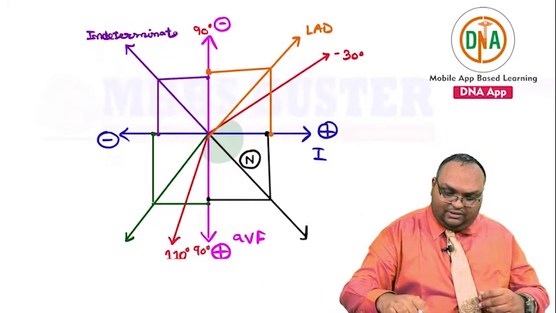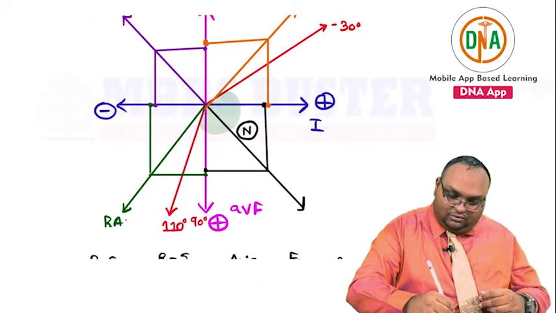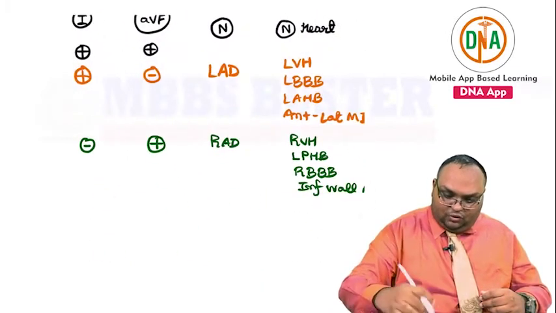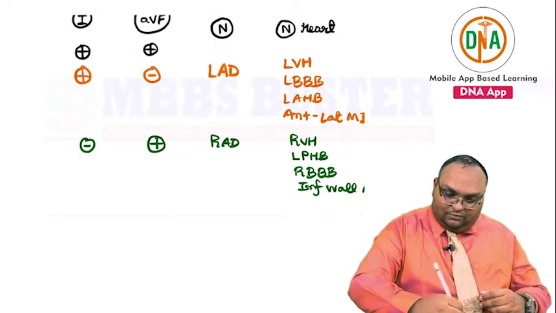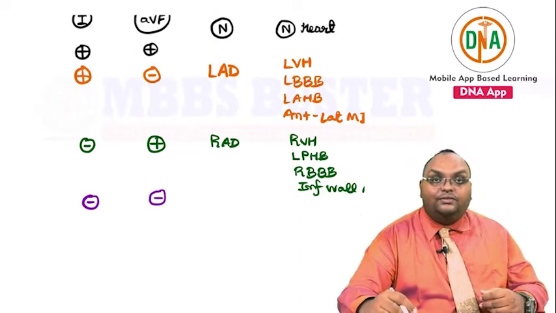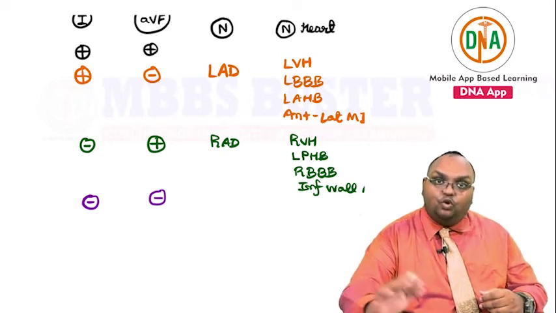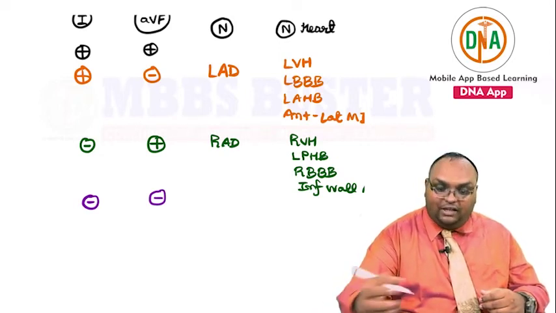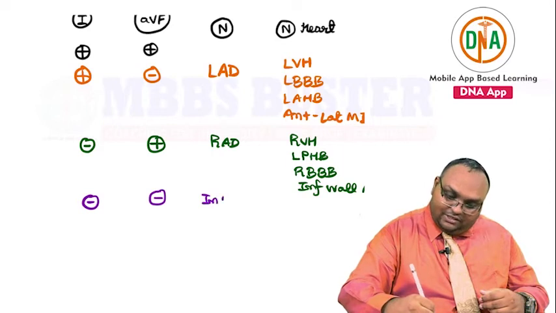This I have already stated as right axis deviation. So in case you have R minus S negative on both lead 1 and lead AVF, that means R is less than S on both lead 1 and lead AVF, you have indeterminate axis.